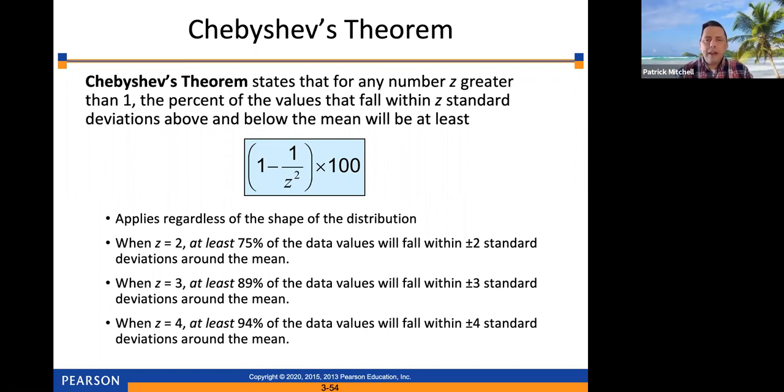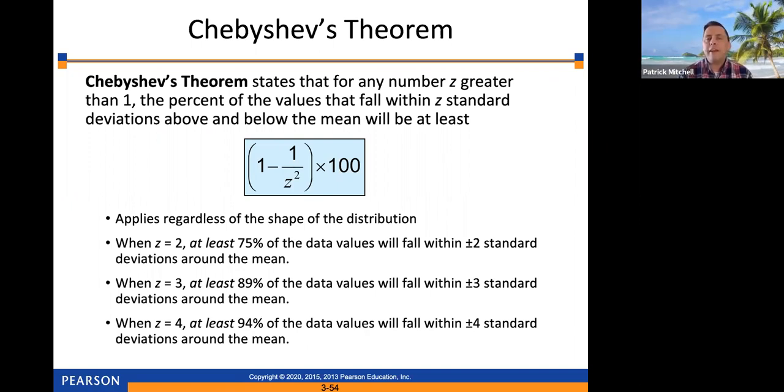When z equals 3, let's go back to the formula. 3 squared is 9. 1 over 9 is 1/9. 1 minus 1/9 is 8/9. 8/9 as a percentage is about 89%. So when z equals 3, at least 89% of the data falls within 3 standard deviations.